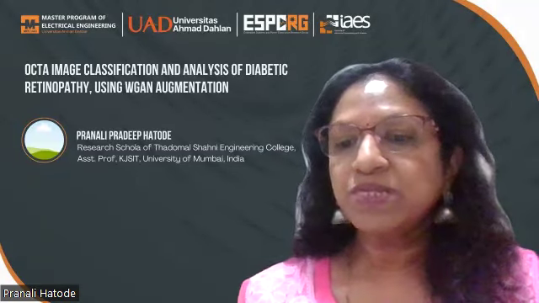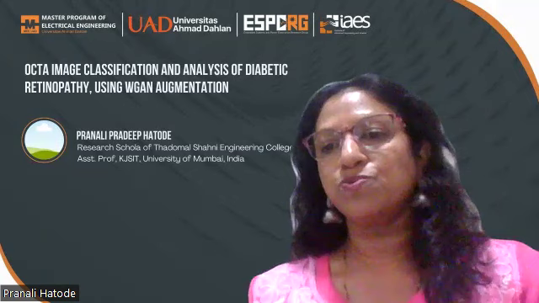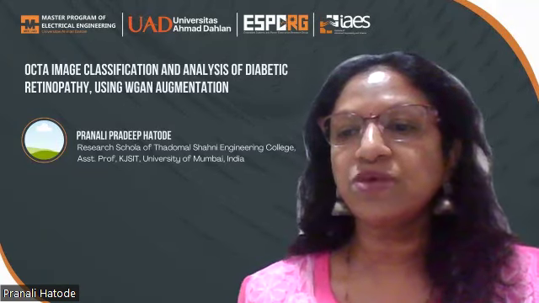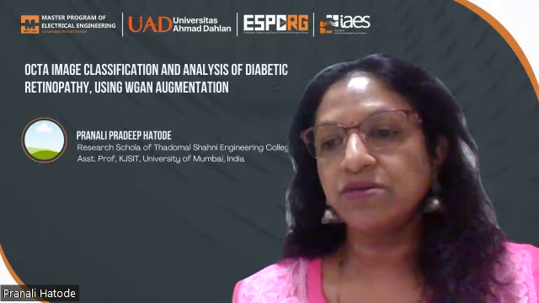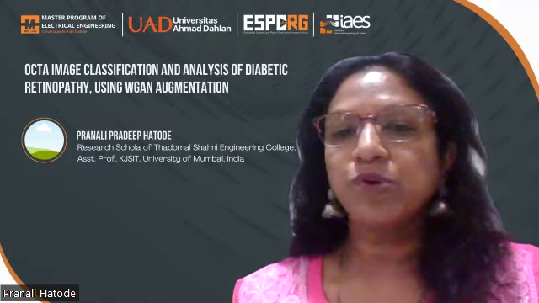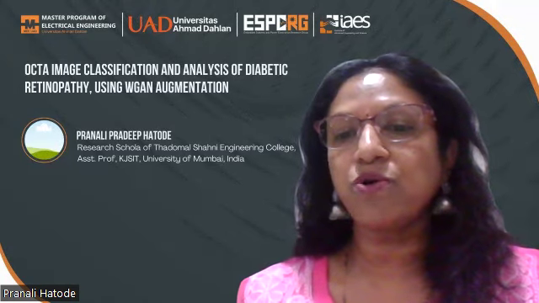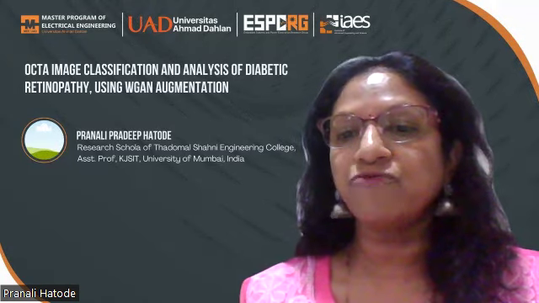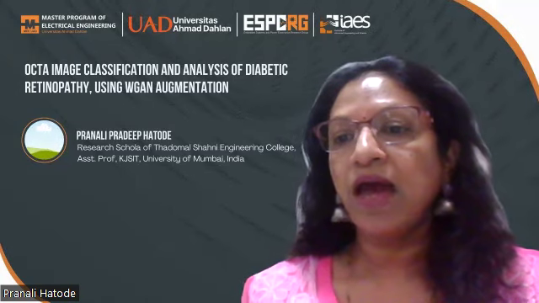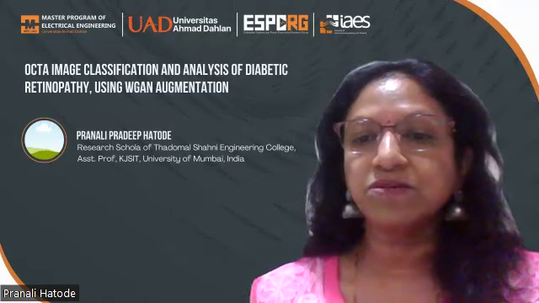Basically, in this research work, the analysis of OCTA images on diabetic retinopathy is done. Diabetic retinopathy, all of us know, possesses a significant risk of vision loss and life-altering complications, including kidney and cardiovascular diseases.